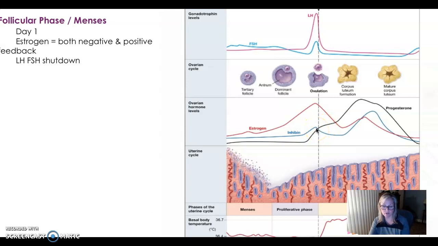Estrogen previously had exerted a negative feedback on GnRH, now switches to positive feedback. So there is a GnRH surge just prior to ovulation. The GnRH surge causes persistent high levels of estrogen, along with rising progesterone levels, which cause the pituitary receptors to respond really strongly to that GnRH, and you get a huge surge of LH, of luteinizing hormone.